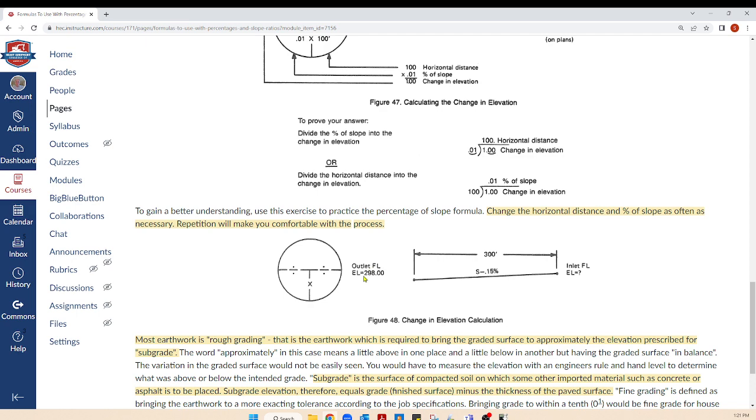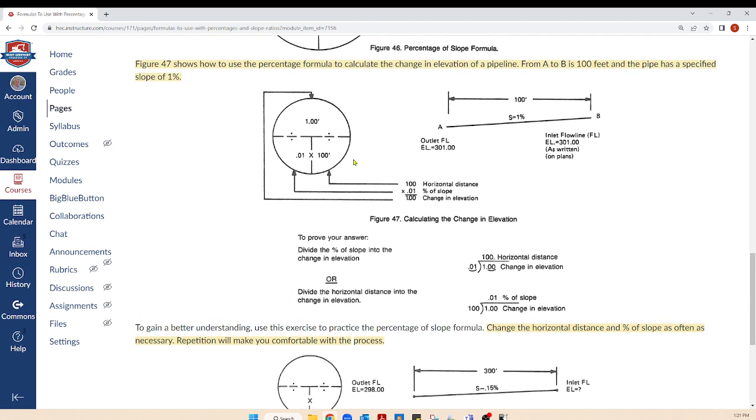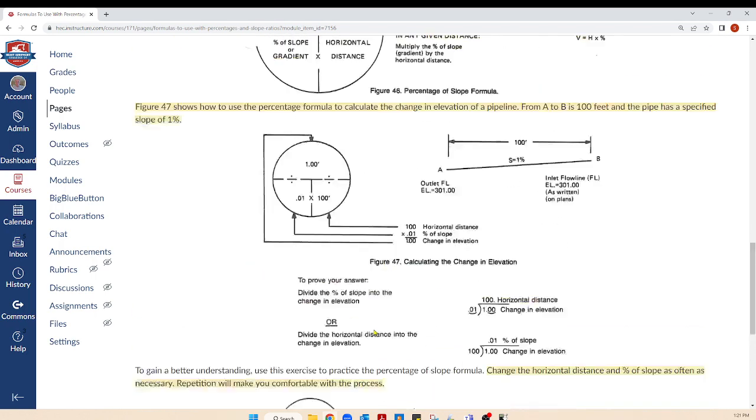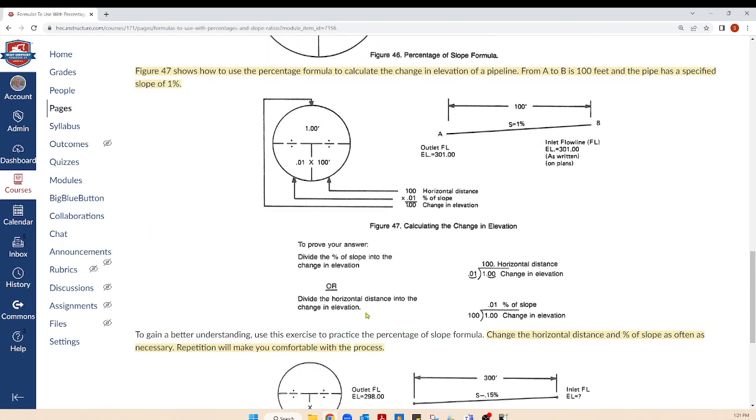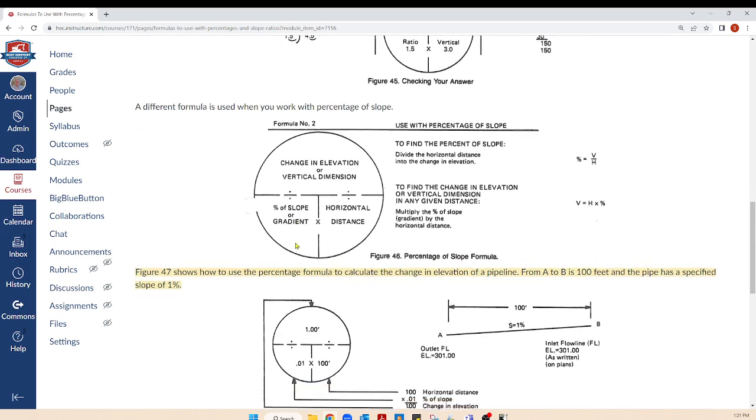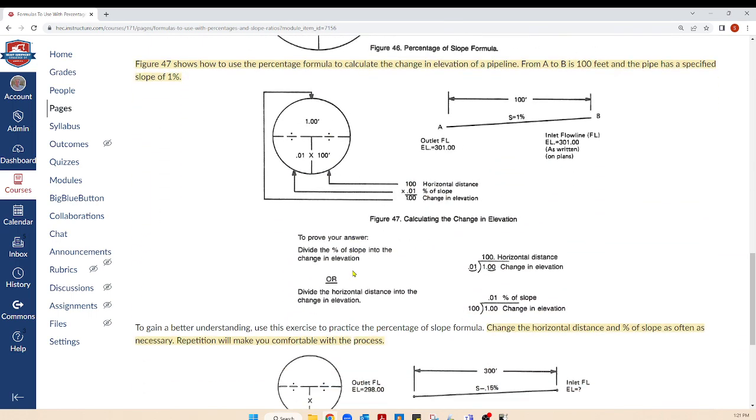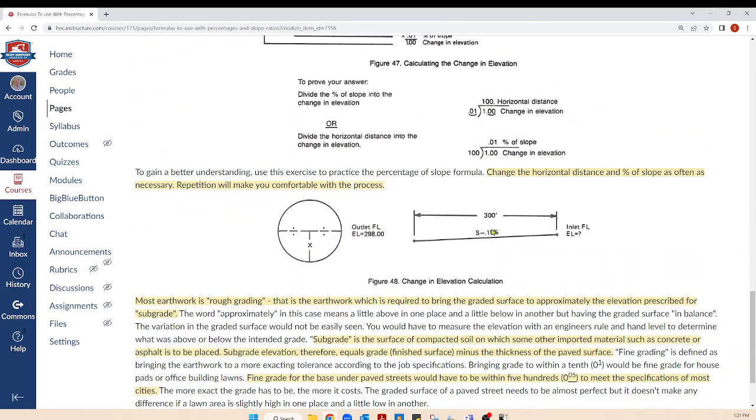When you find that, 0.0015 would go here because that's the percentage, and that's here, and we've got 300, and you multiply 0.0015 times 300, you get 0.45.